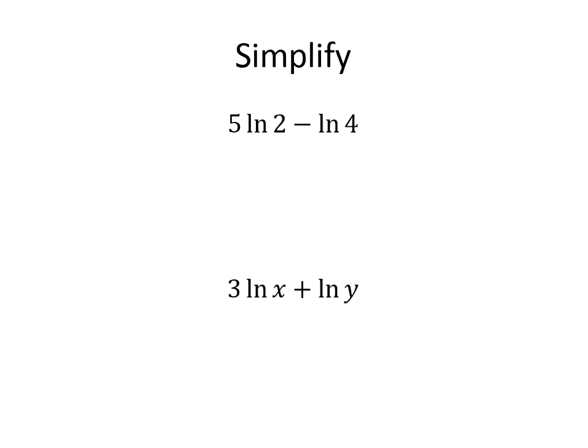Now the rules and properties of logarithms also apply to natural logs. Here, the number out front becomes its power, so we would have ln 2 to the 5th minus ln 4. Since we're subtracting, that's division, which would be ln of 2 to the 5th all over 4, under one natural log.